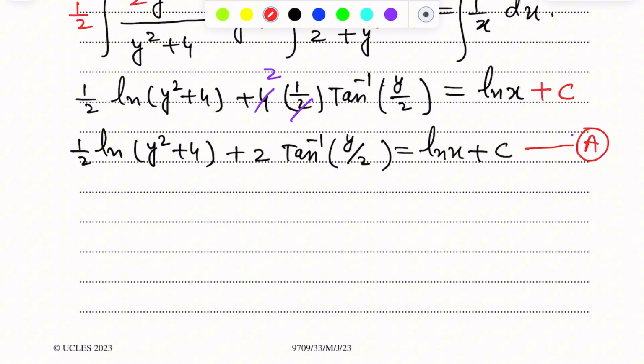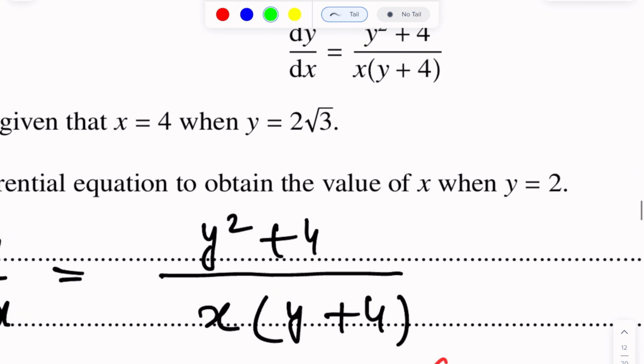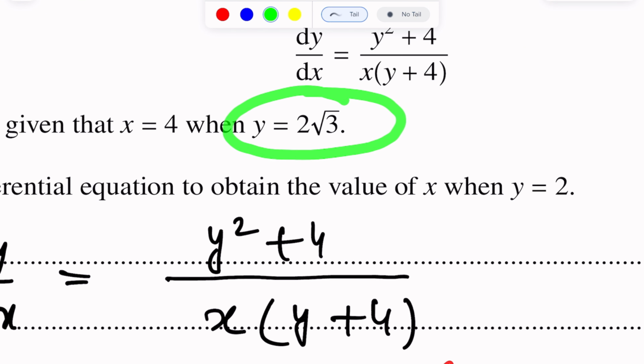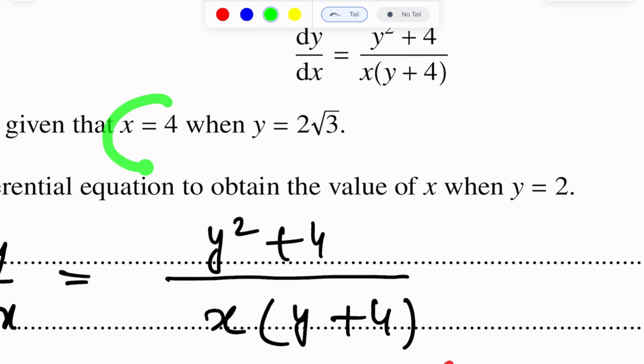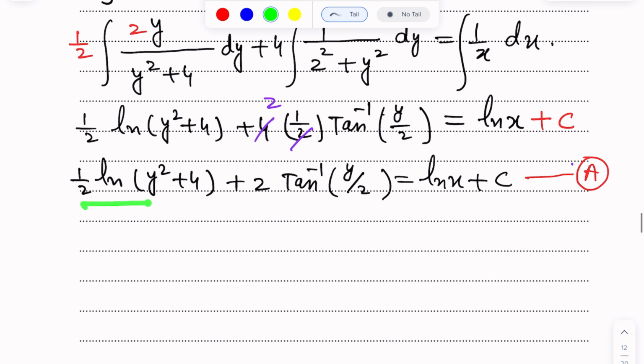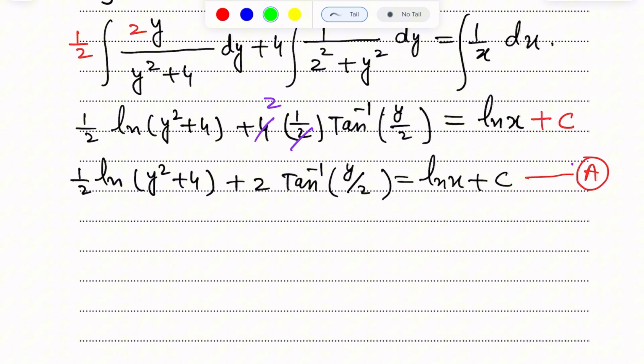Now we will apply the initial conditions, which are given in the start of the question. When x is equal to 4, y is equal to 2 under root 3. Actually, these values x and y are the coordinates of a point which lies on this curve. So these are called initial conditions.